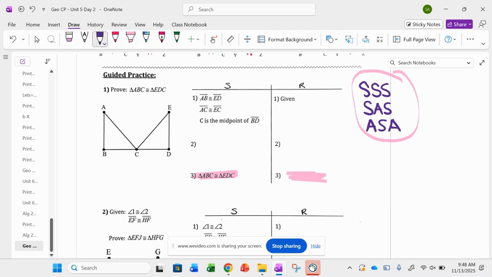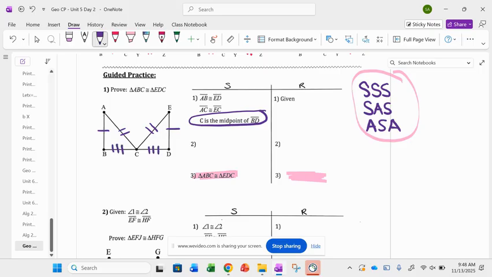So it says segment AB is congruent to segment ED. Segment AC is congruent to segment EC. But then it says C is the midpoint of BD. If C is the midpoint of segment BD, who remembers what we can conclude from that? Stella? That BC and CD.